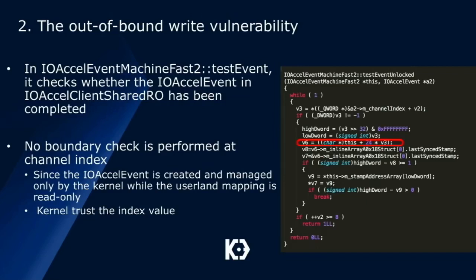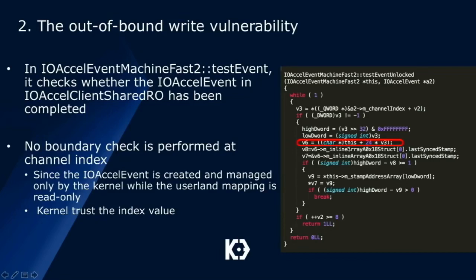The code logic is quite simple. First it checks whether the event's expected stamp value is lower than the current stamp maintained in an object called M inline array. And if yes, then it means the event has been completed.